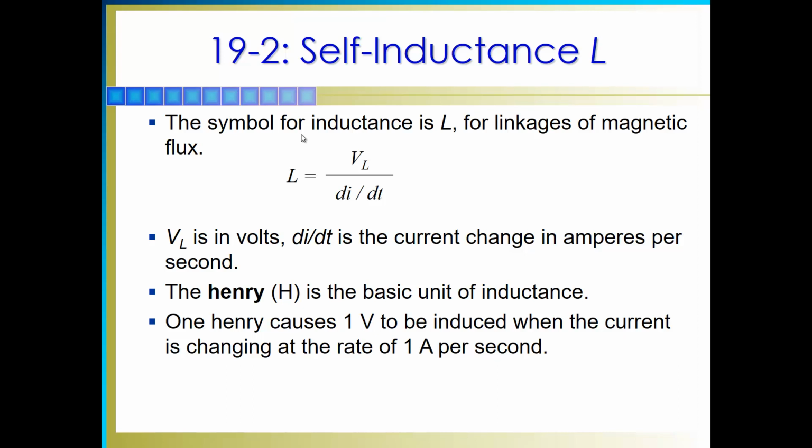All right, so now with this formula, if we know the voltage that is induced and we know the inductance of the inductor, we can always calculate how much the current is changing per second, or vice versa. If we know the change of current and we know the inductance, we can always calculate the voltage as well.